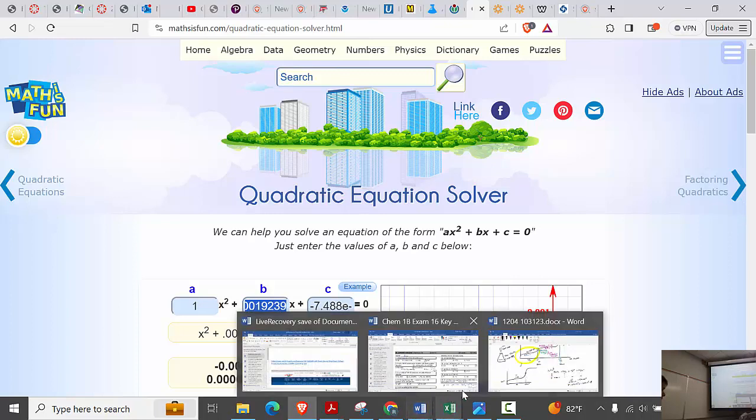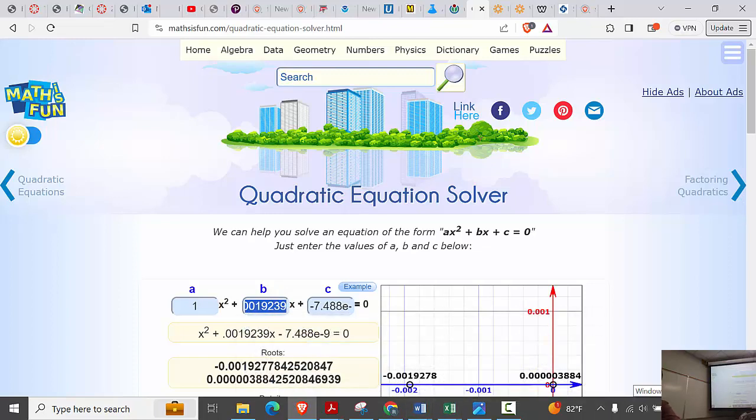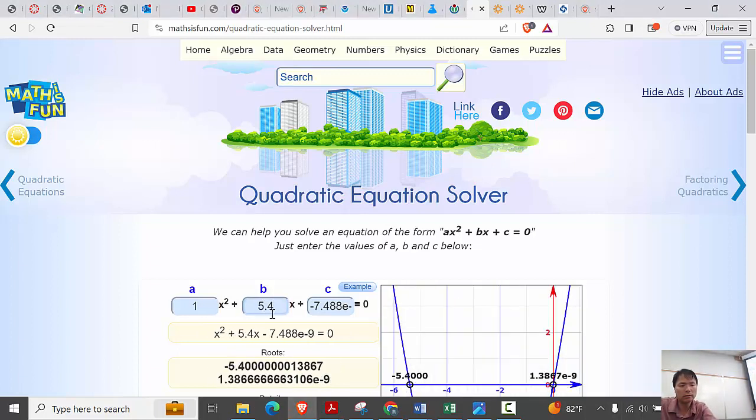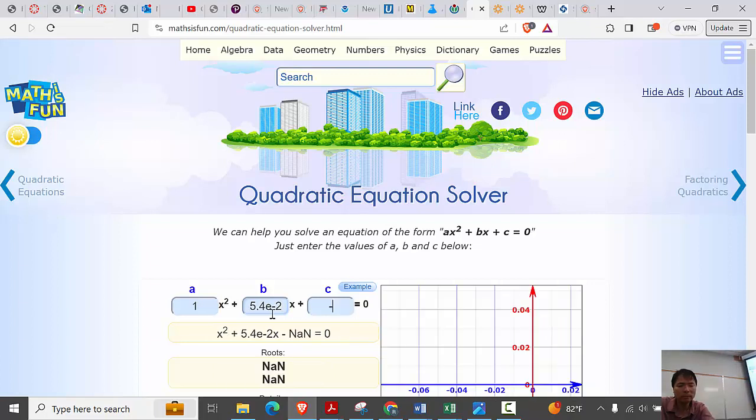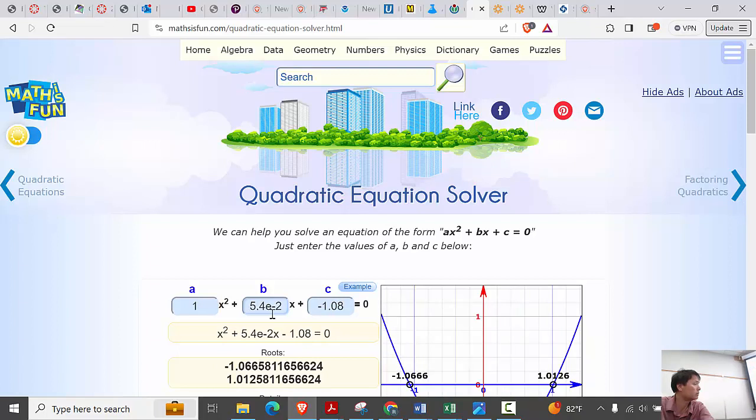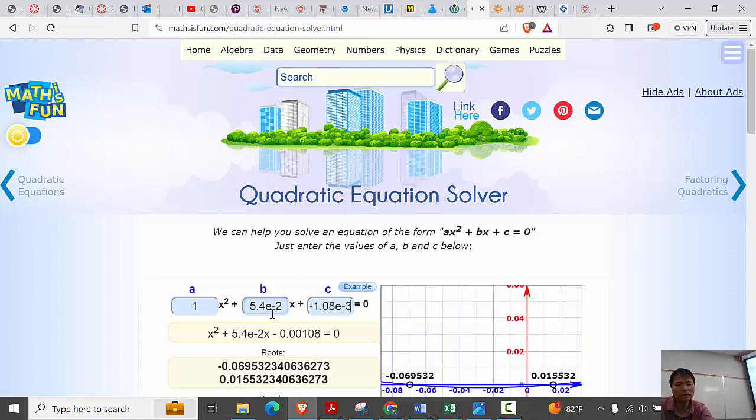So we had 5.4 times 10 to the minus 2, and 1.08 times 10 to the minus 3, I think.